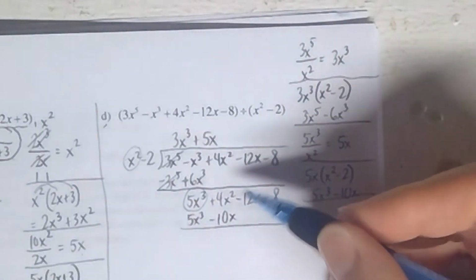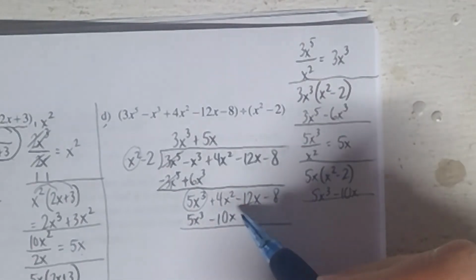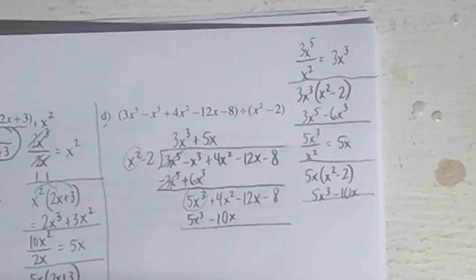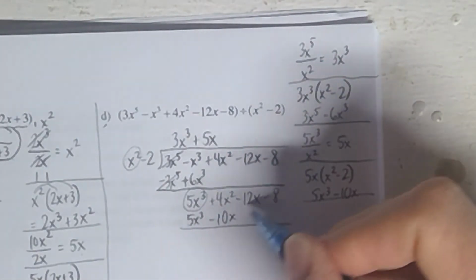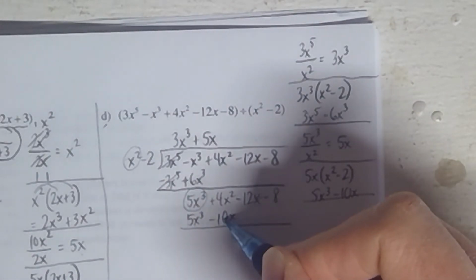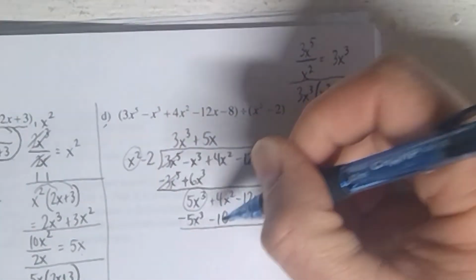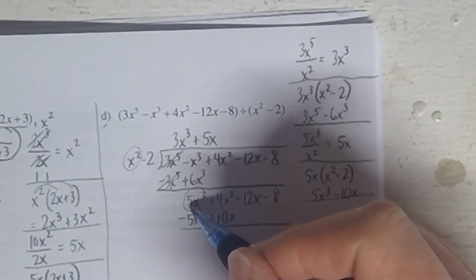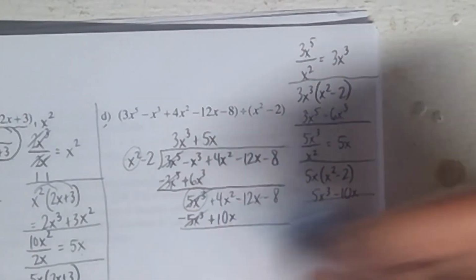Now, this is where it's tricky, you guys. Notice that these are not like terms right here. These two that I'm pointing at are the like terms. Not that you're supposed to combine like terms until you change signs, but I'm giving you a heads up. So this is positive and negative, right? Changing signs, we get negative and positive. I then combine like terms, and those cancel.